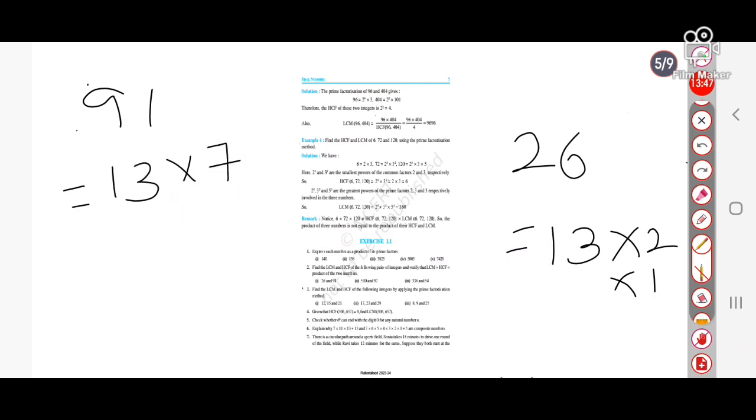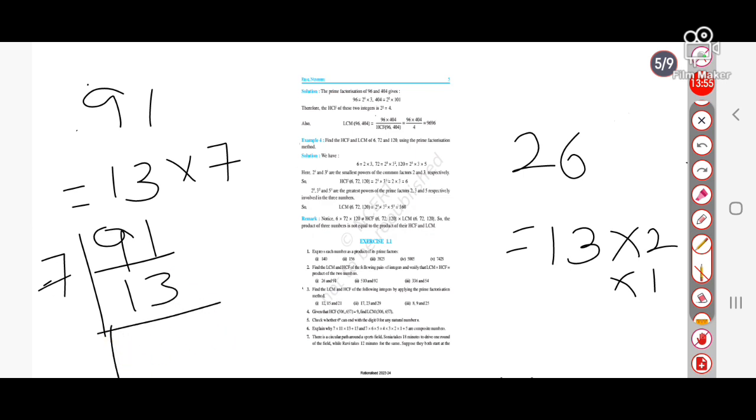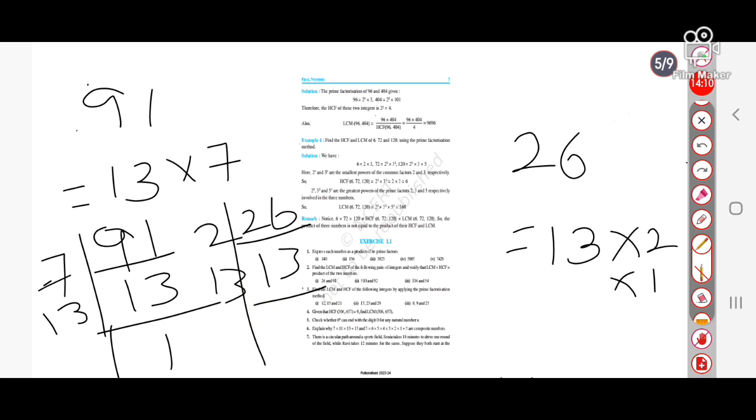See, 91, if we take it with 7, we get 13, because no other number divides 91. So 13 cannot be divided further by any other number, but it can be divided by itself. So 13 cross 7. Same way for 26, if we divide by 2, we get 13. If 13 is divided by 13, we get 1. So we arrived at these two factorizations.